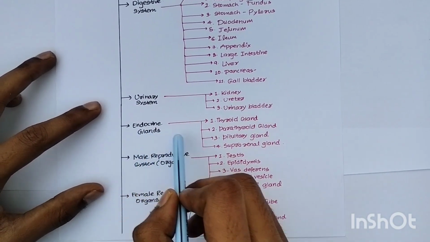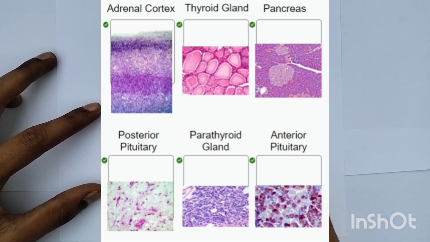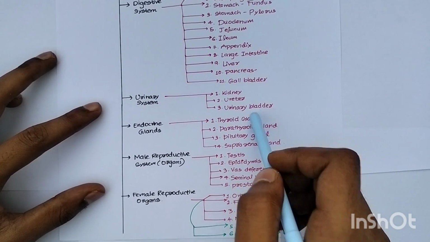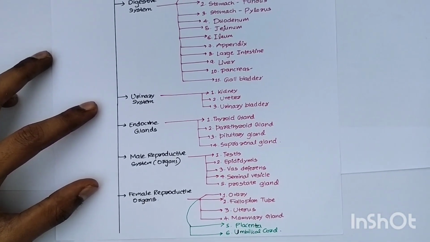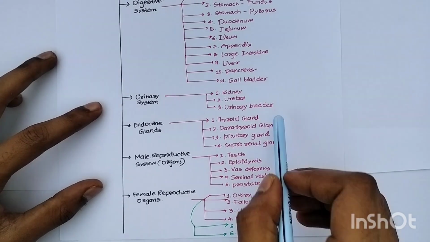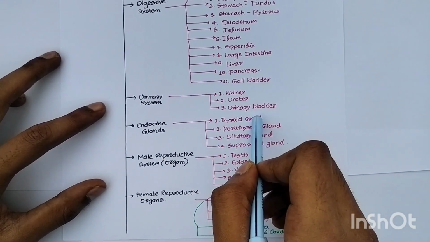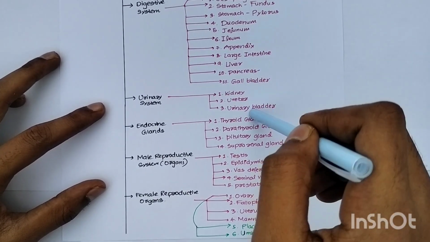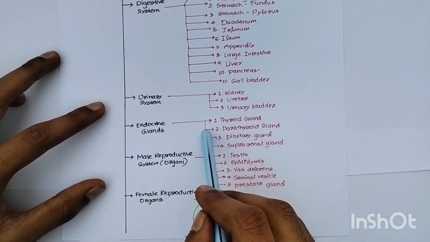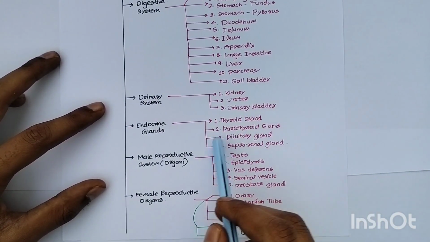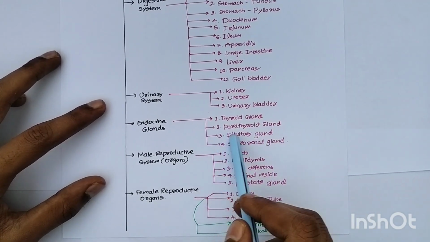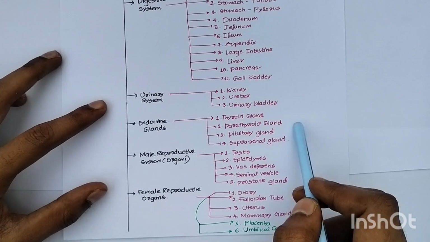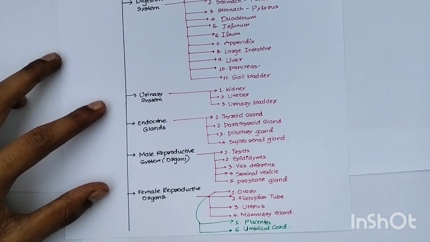And endocrine glands, like the thyroid gland and thyroid follicles. You should know how the T3 and T4 hormones, tetraiodothyronine and triiodothyronine, are produced and secreted, and what pathology happens to the organ. Also the parathyroid glands, parathormone, the pituitary gland, the master endocrine gland, and the suprarenal gland. You should know the microscopic structure of these glands also, right?